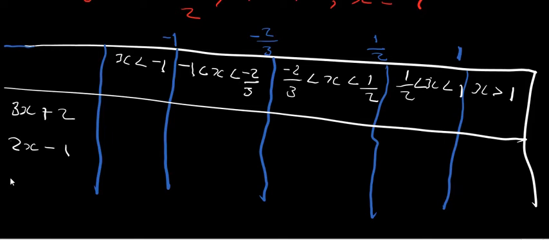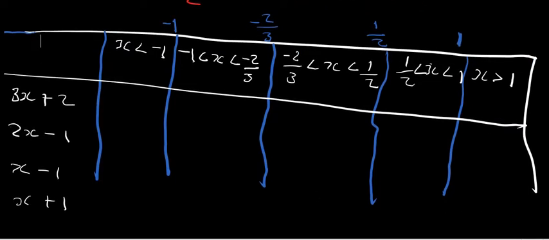Then I'm also going to get x minus 1 and x plus 1. Those are the 4 components of that expression. Then what's needed is just me to make sure that I test and try out these guys.